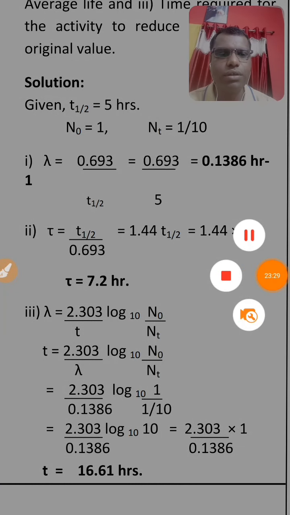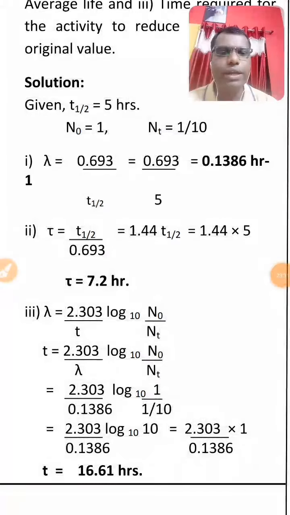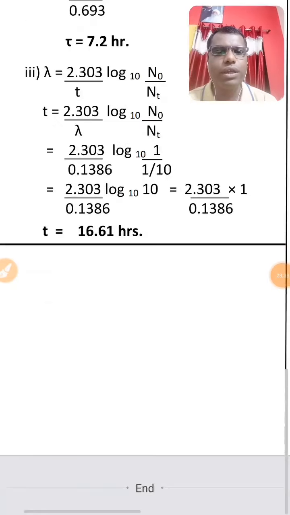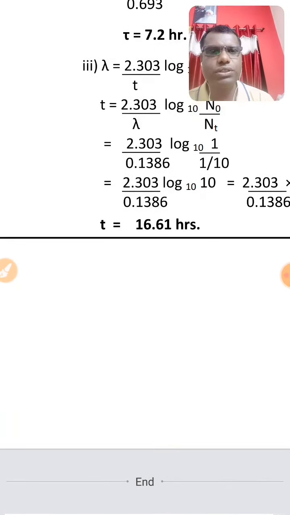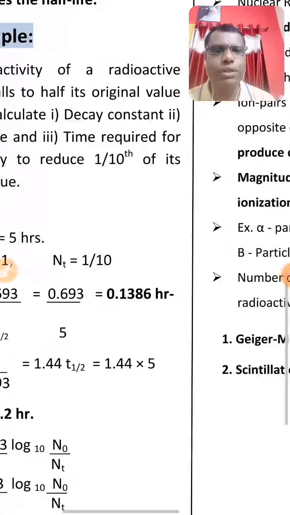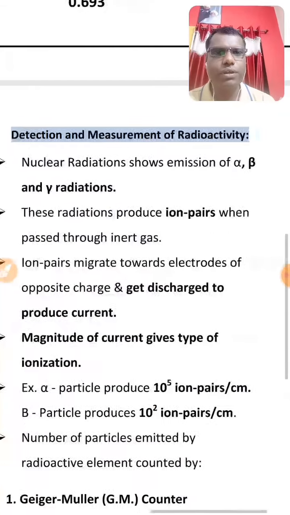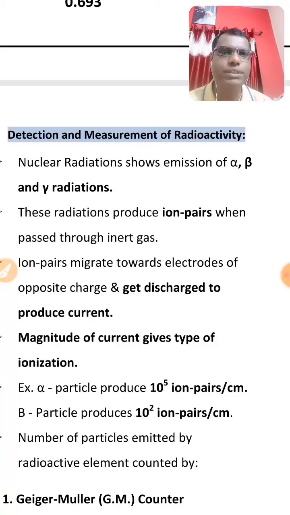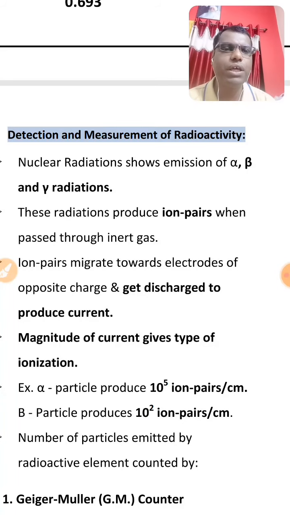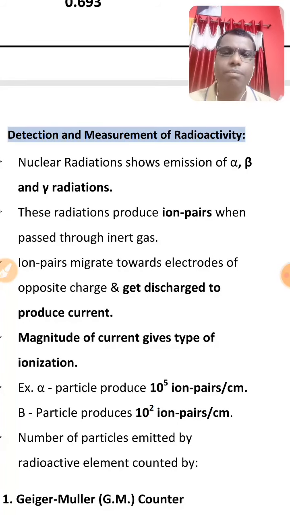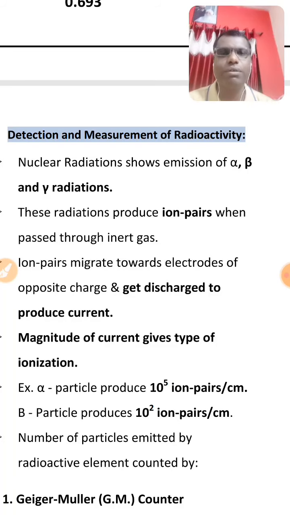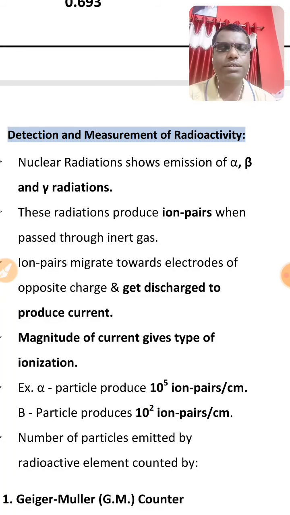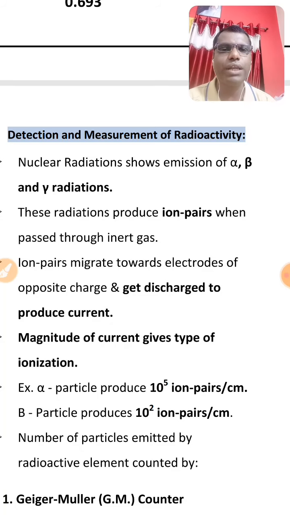I hope you will get the idea about the numerical also. Actually friends, after discussing this numerical, we are interested to discuss some phenomenon regarding radioactivity, because till now we were discussing the disintegration of radioactive elements with the help of decay constant lambda.